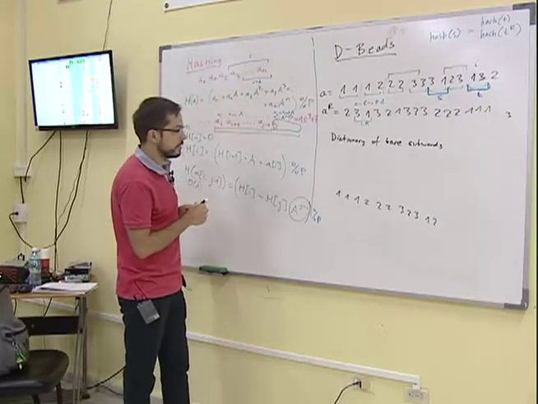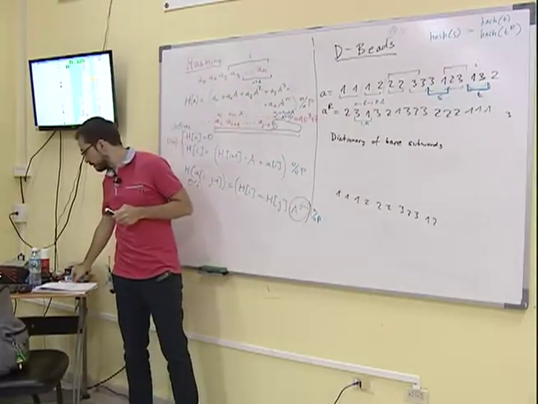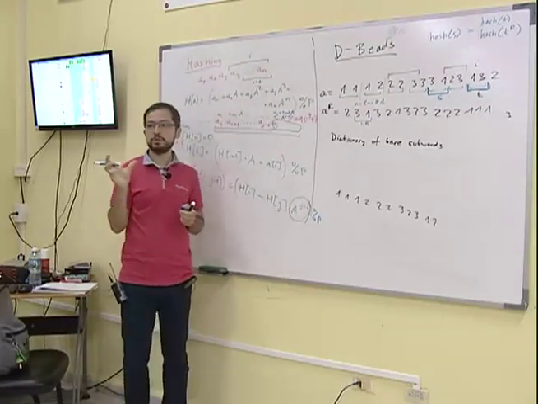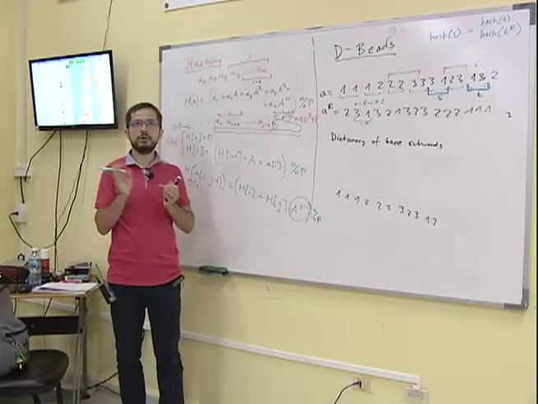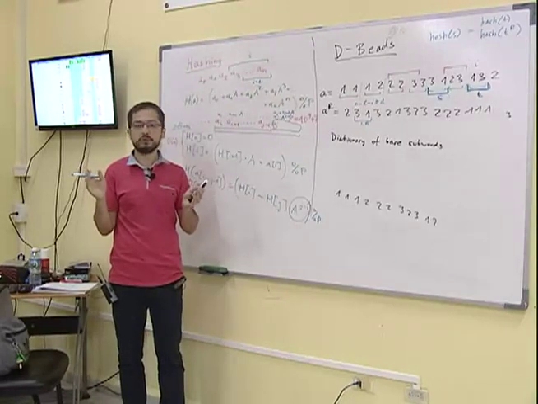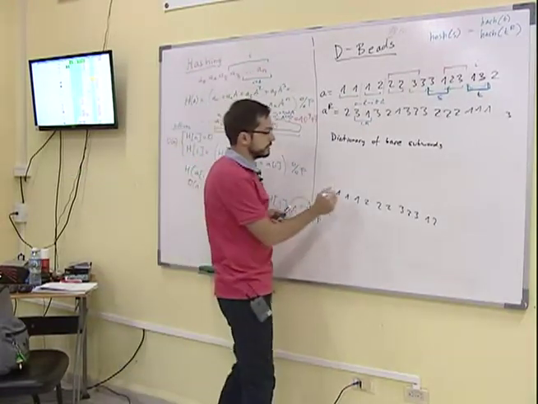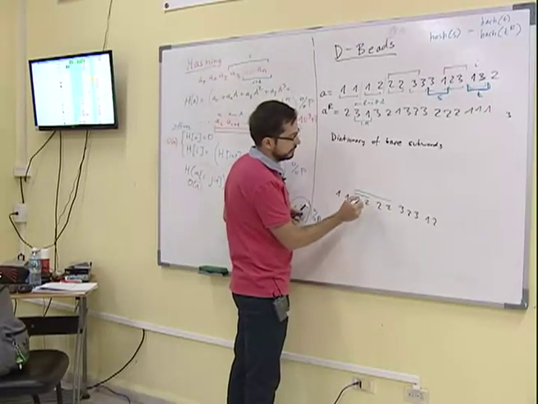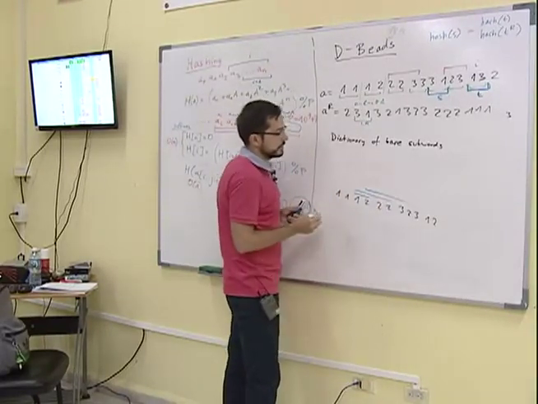All right. So we will provide a number for every substring whose size is equal to a power of 2. So for instance, this one, this one, also this one.